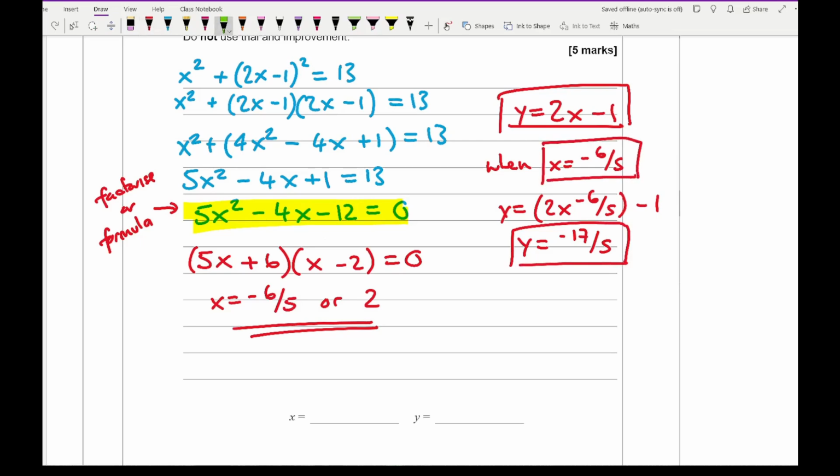Then when x equals 2, then again using y equals 2x minus 1, y is going to equal 2 times 2, which is 4, take away 1, which is 3. So my second set of coordinates are 2 and 3.